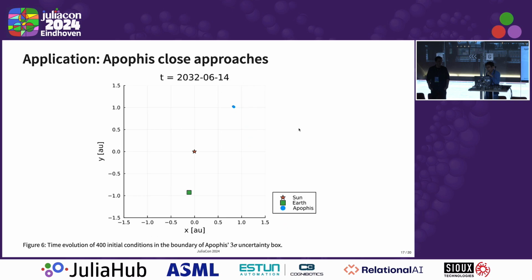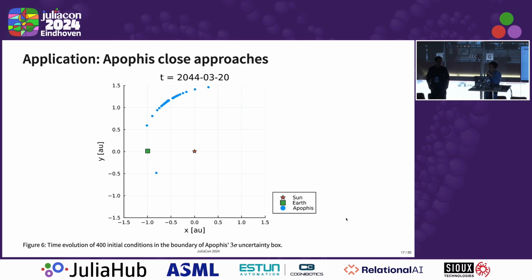At the beginning of the animation, we can see the 2029 close approach. After that, the uncertainty stretches along the orbit, as we've seen in the Kepler examples. But perhaps the most interesting part is that in 2043, we're going to see that another close approach significantly affects the orbital uncertainty. And we will see that in the dispersion of these blue points. Just a few seconds more. Right here.